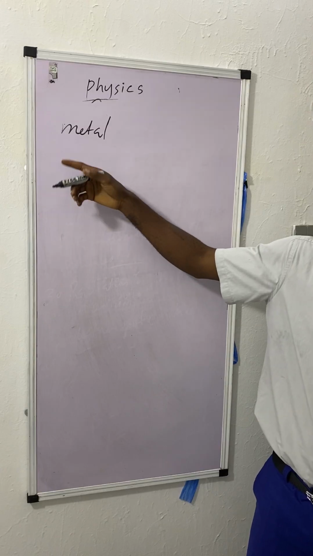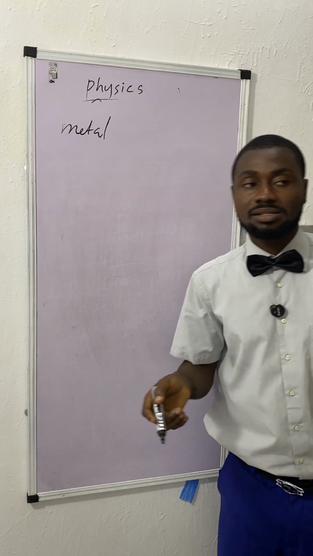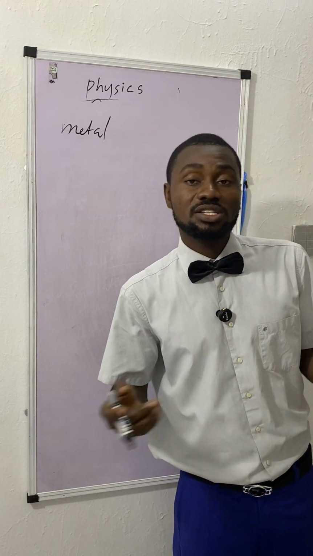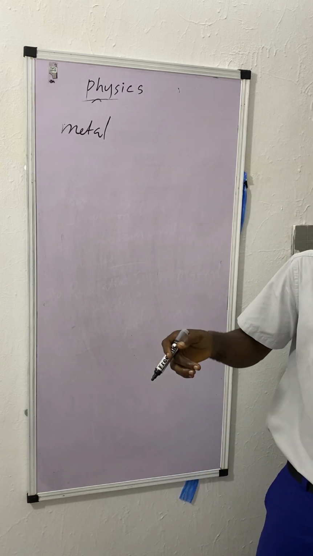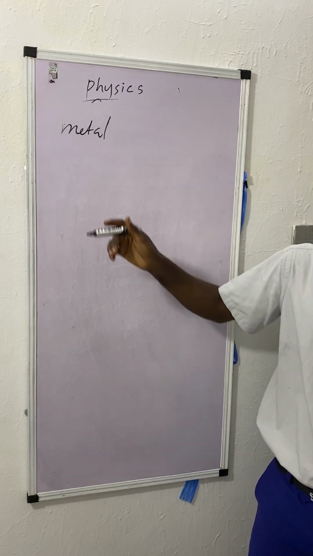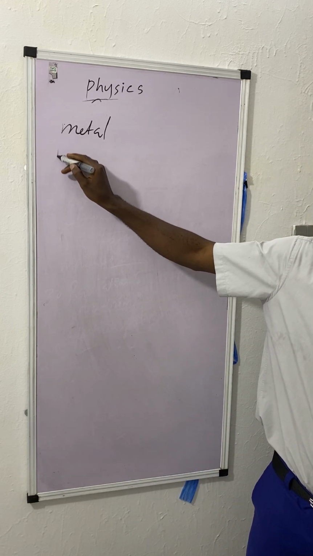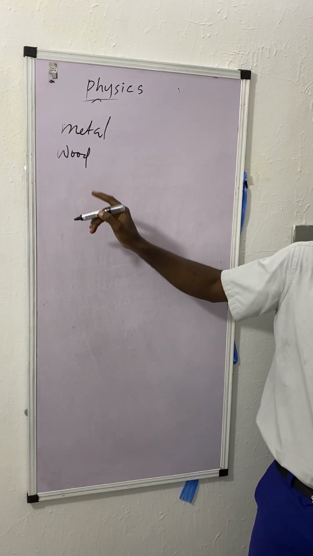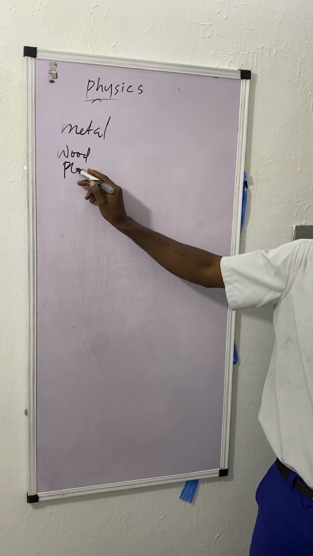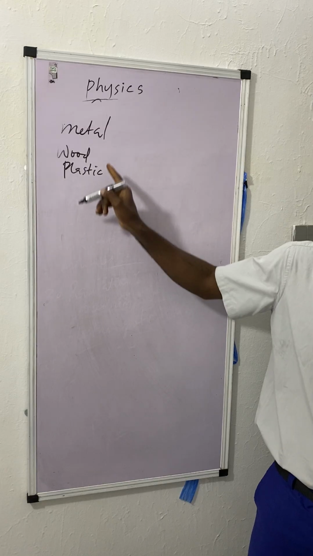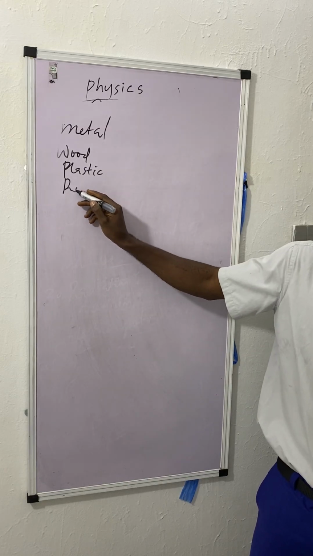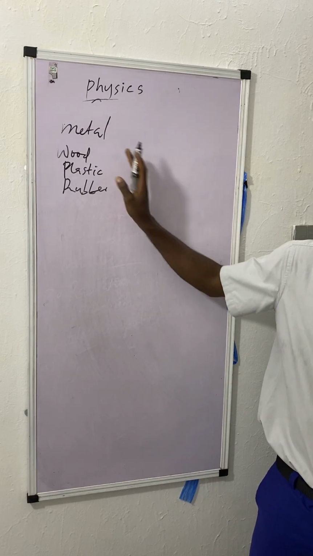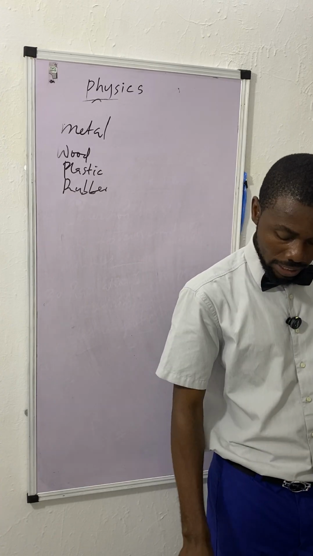The non-conductors are materials or substances that do not allow the transmission of electrons through them. So we have wood here, we have plastic. That's why they are used as insulators in wire, rubber, all of them. They are non-conductors.